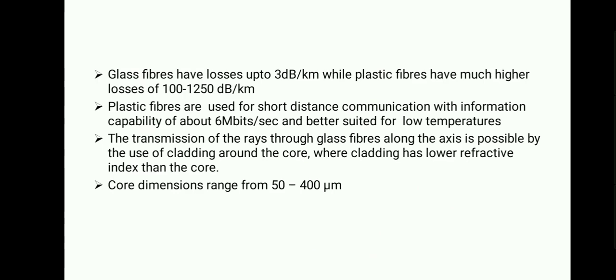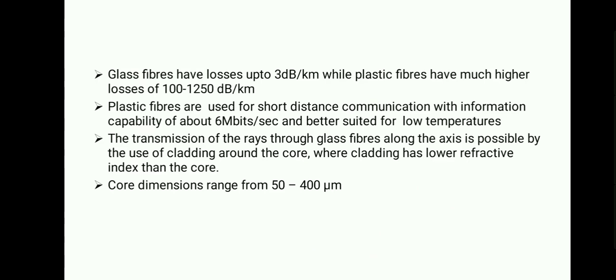Your fibers can be either glass fibers or plastic fibers or polymer fibers. They can use any material for fibers depending upon its properties as well as the applications it is used for. Here it is saying that the glass fibers have losses up to 3 dB per kilometer, while plastic fibers have much higher losses of 100 to 1250 dB per kilometer.